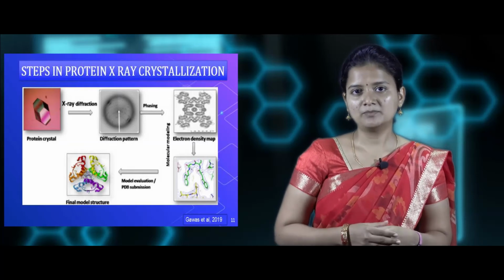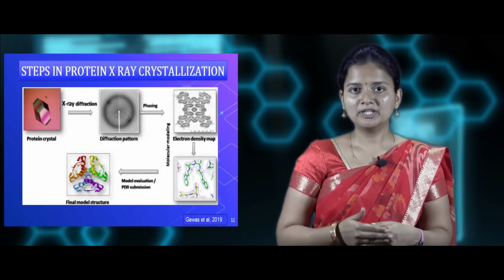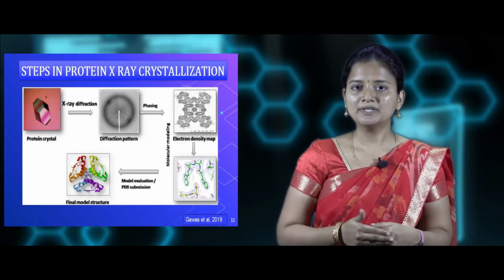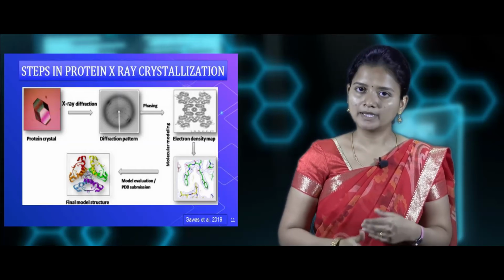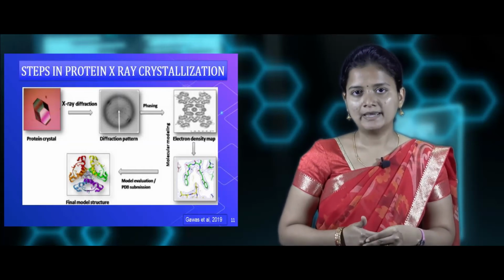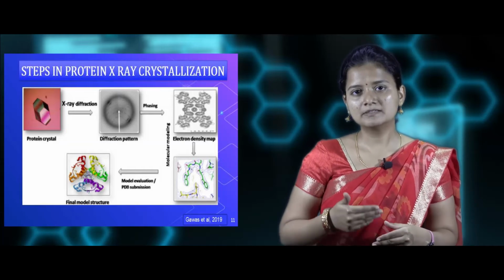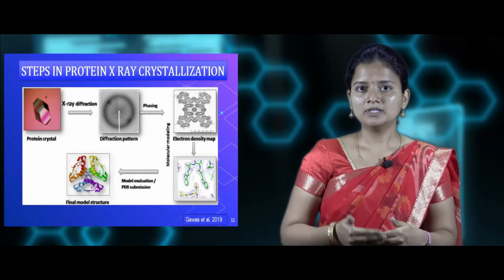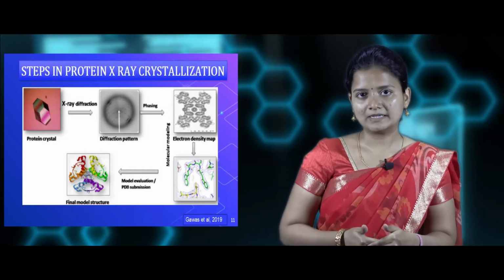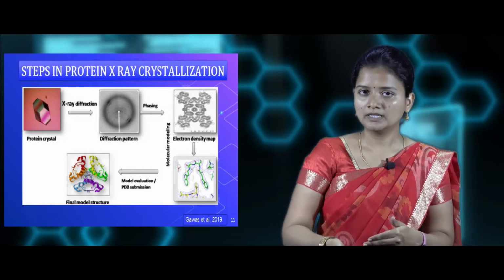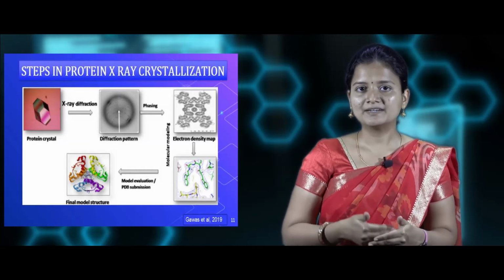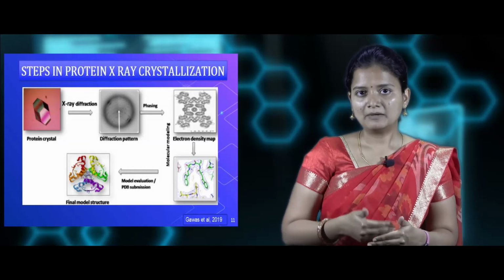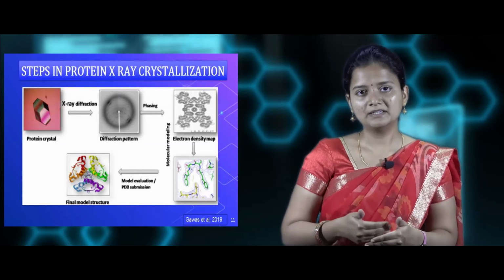Now we are going to see the steps involved in X-ray crystallography. In the first step, you have to purify the protein. The protein purity has to be greater than 99.99%. If the protein purity is below that, then you have to go for the purification process again. Mostly the hanging drop method is used for crystal formation. Once it is done, X-ray will be passed to the crystalline protein, which will generate the diffracted beam. With the help of the diffracted beam, we will get the diffraction pattern.